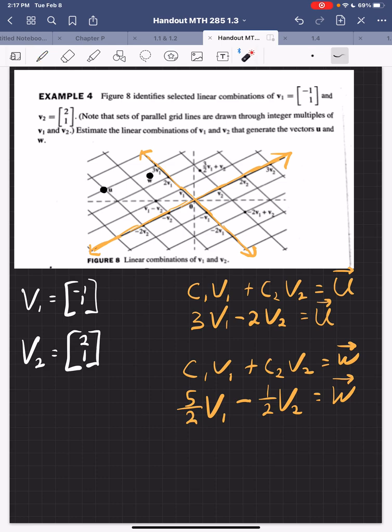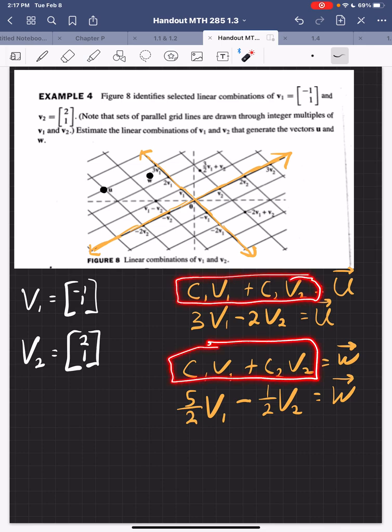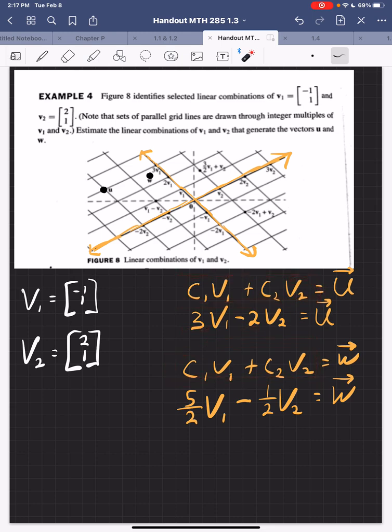Okay. What are we doing? Why are we doing it? I'll try to sell you on the why part later. I promise you the why is there. But right now, it's just the how. And more importantly, just understand that this is the linear combination part. When we chose the 3 and the negative 2, that's the linear combination part.